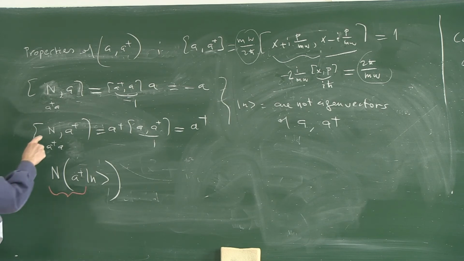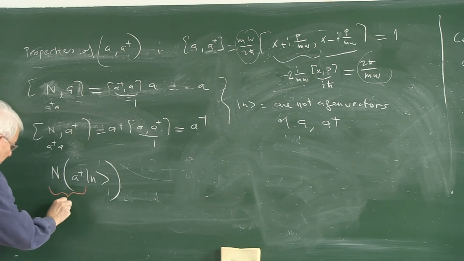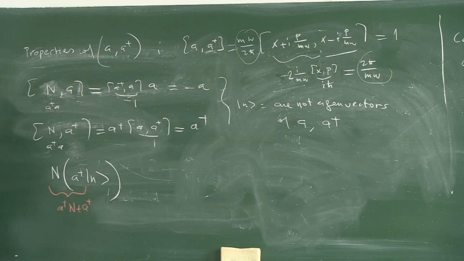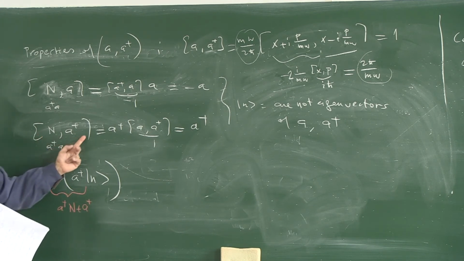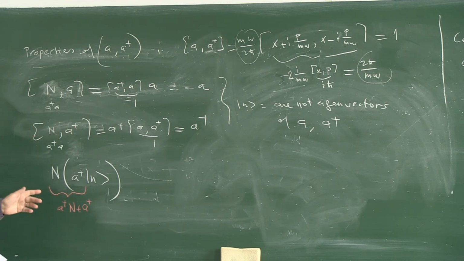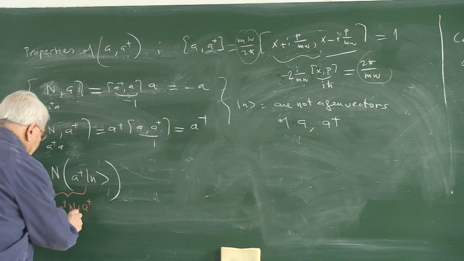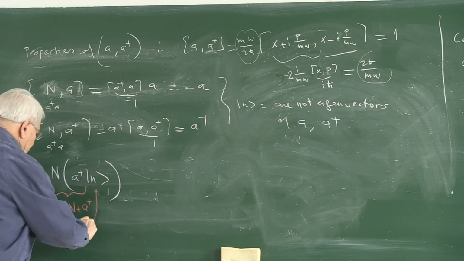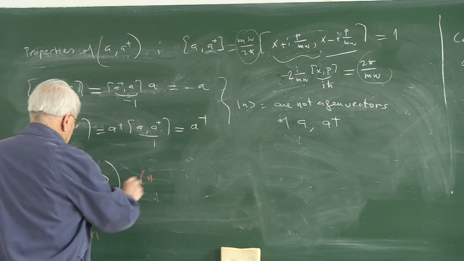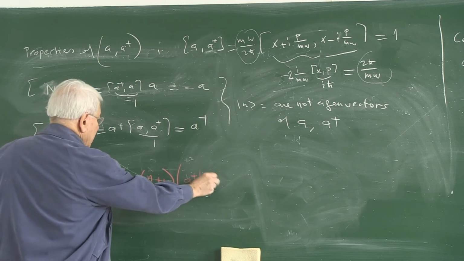What is it? N a dagger is a dagger n plus a dagger. I just read from that commutator. That's the reason why I worked them out first. And then n acts on n, gives you the little n, and that's a number. Then you take that n plus 1 out, and you get a dagger n.